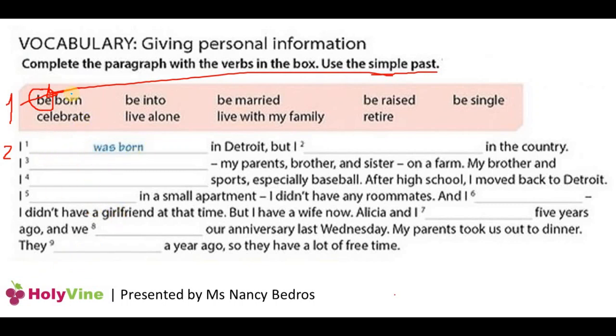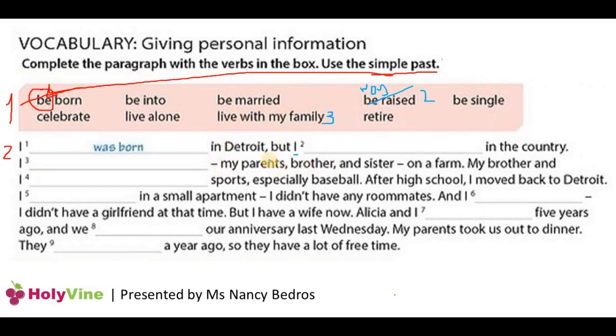So I was born in Detroit, but I was raised. I was raised in the country. So the be is going to be was. Okay. I was raised in the country. I lived with my parents.